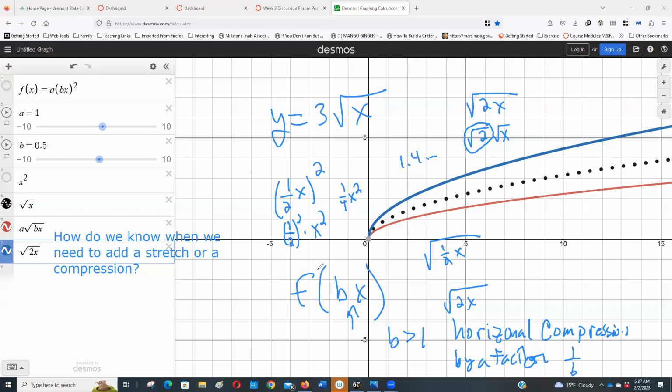Okay, let's make sure I'm not wrong, or that I'm not just blowing smoke here. Let's see. So I said a is 1/4. Whoops, not negative, Dan.